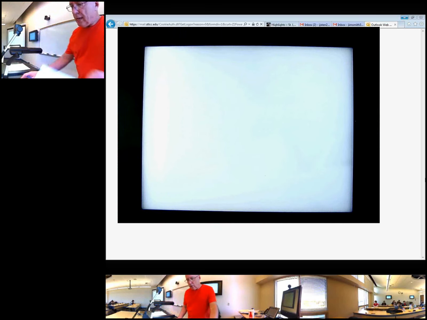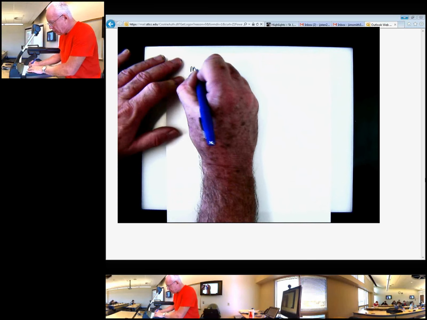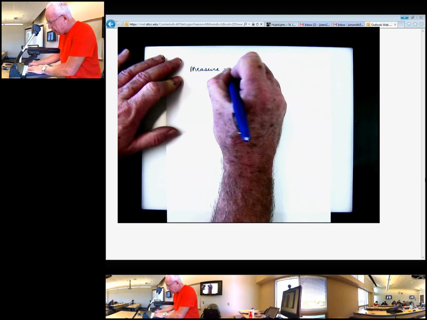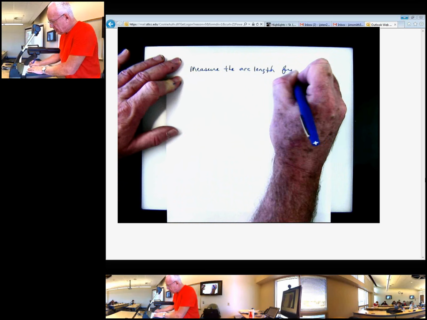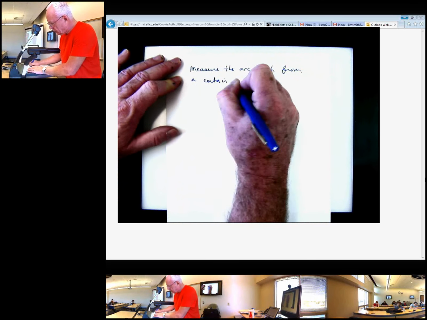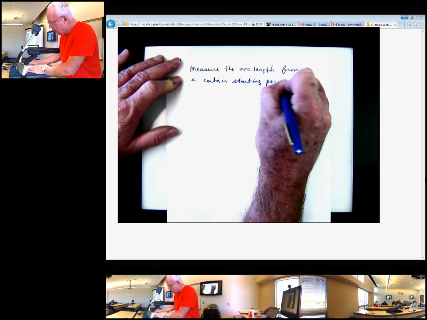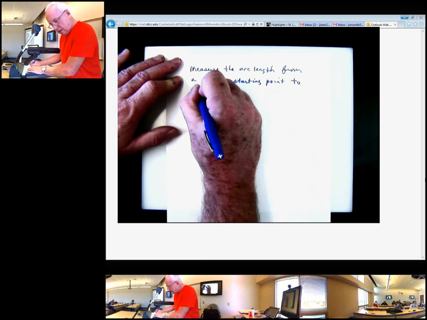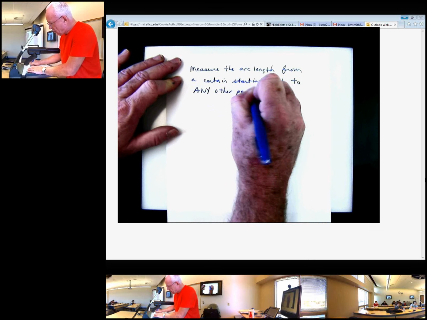What we're looking at next is we're going to measure the arc length, or the length of the curve, from a certain starting point to any other point on the curve.